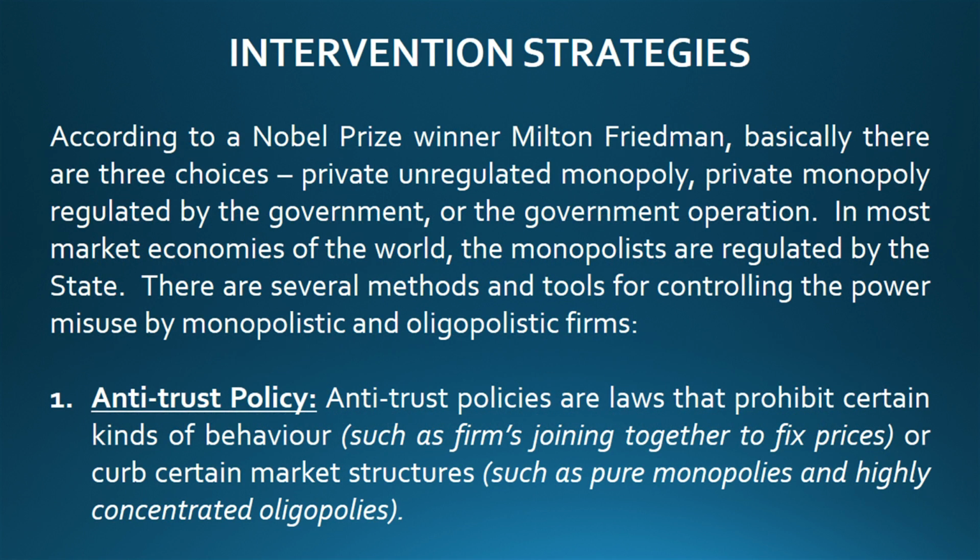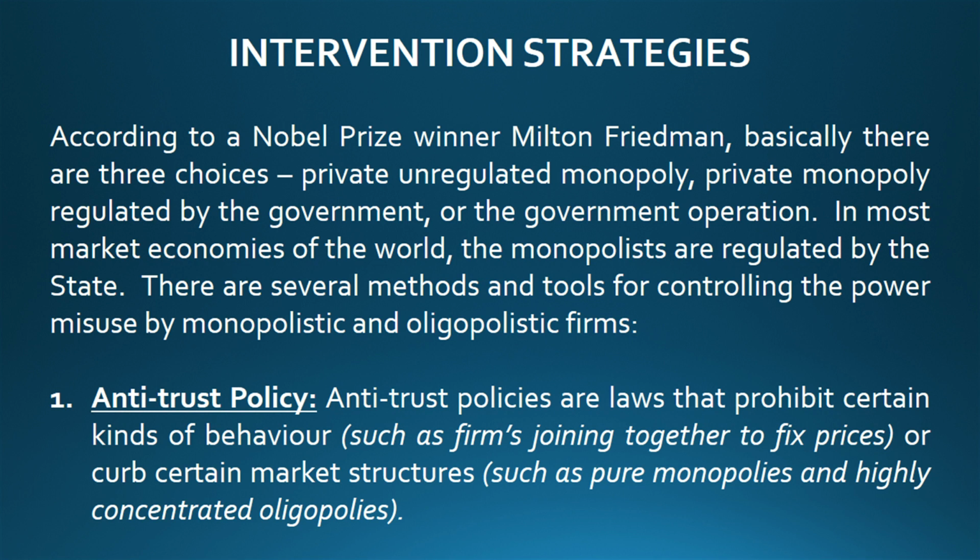Intervention strategies. According to Nobel Prize winner Milton Friedman, basically there are 3 choices: private unregulated monopoly, private monopoly regulated by the government, or government operation. In most market economies of the world, the monopolists are regulated by the state.